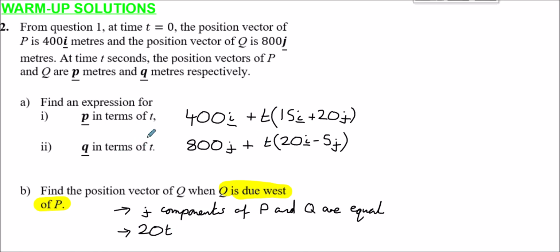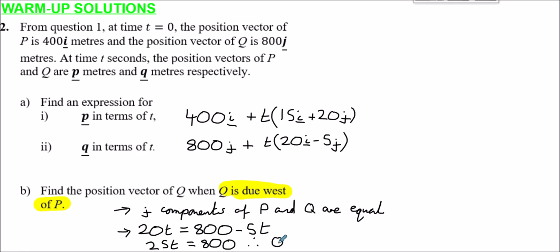And for Q, the J component is going to be 800 minus 5t. So 20t equals 800 minus 5t. So simply rearrange this. So 25t equals 800.